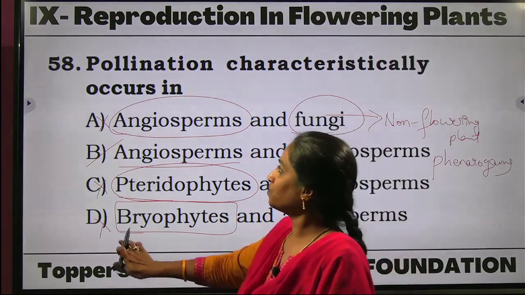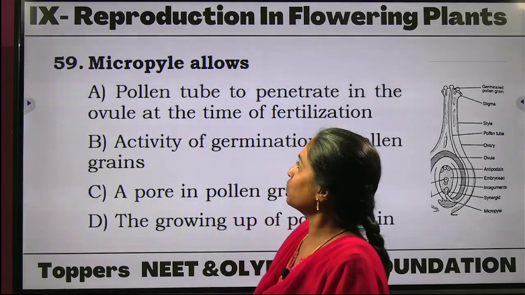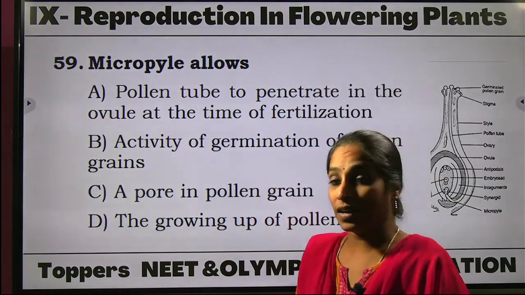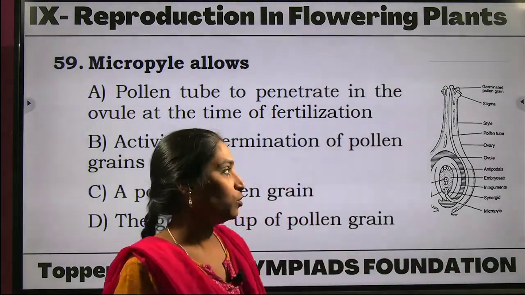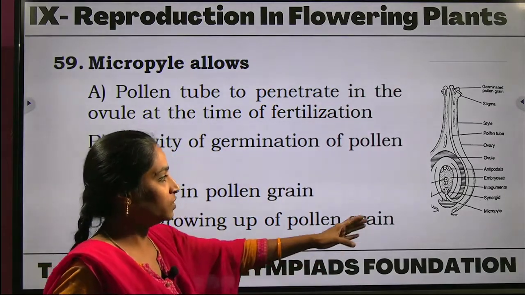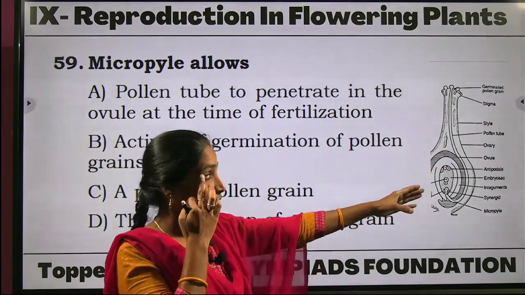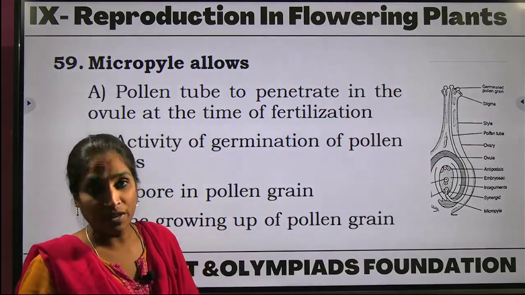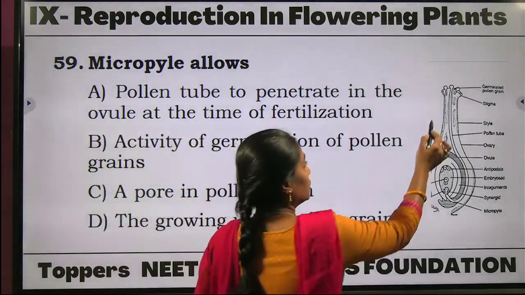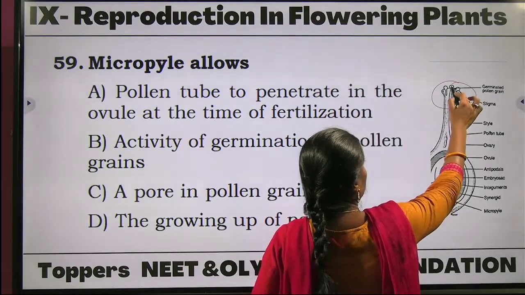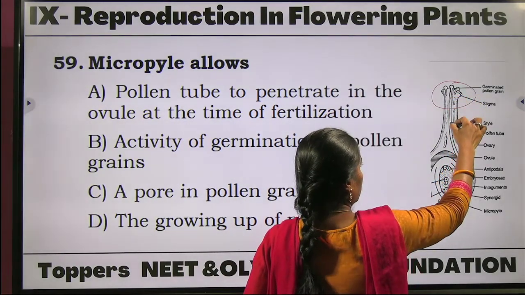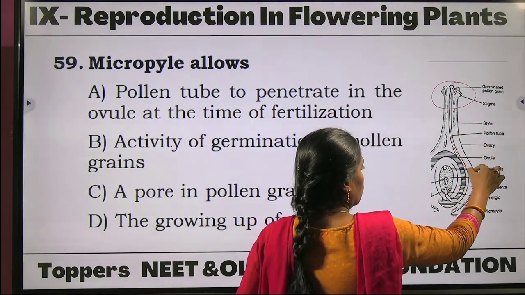Coming to the next question: micropyle allows. What is the micropyle? If you observe this picture of the fertilization process in the female gamete, this is the stigma and this is the pollen tube arising towards the ovule.